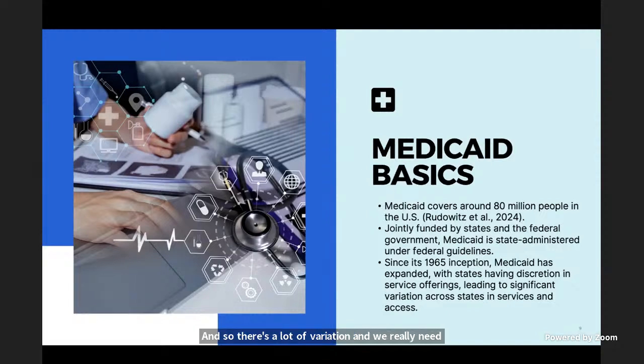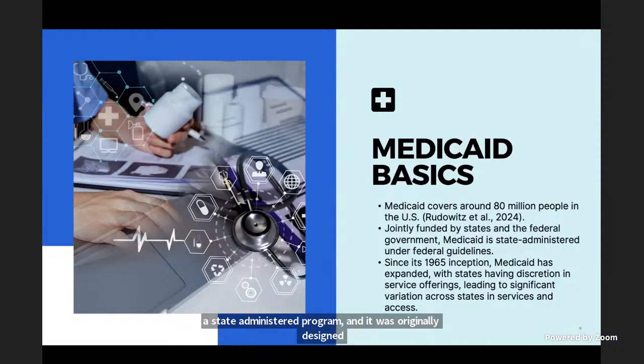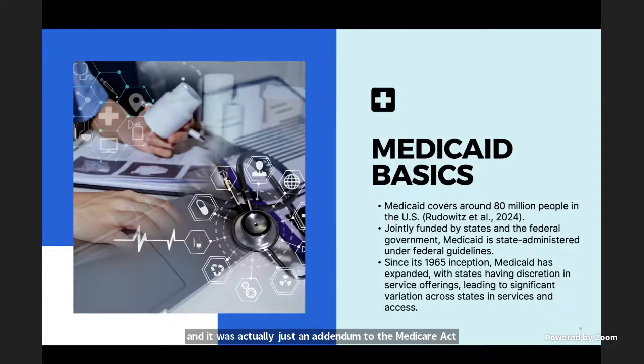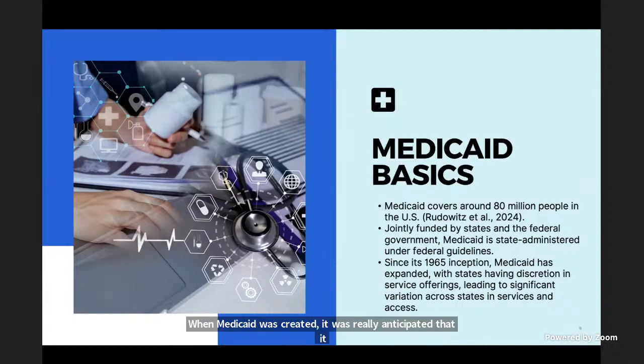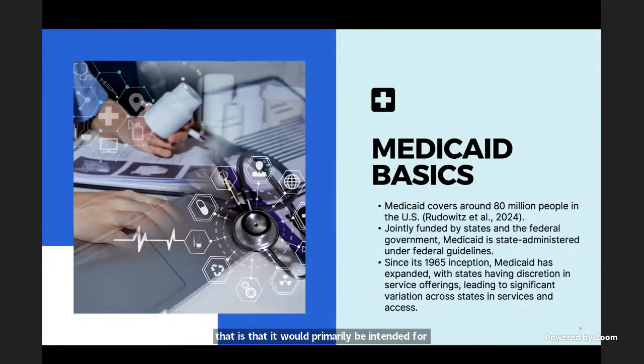Because Medicaid was set up as a state-administered program, and it was originally designed in 1965, and it was actually just an addendum to the Medicare Act, which I think we're all familiar with, Medicare, which is a federal program, uniform across the country with some variation, but basically uniform across the country, when Medicaid was created, it was really anticipated that it would be a state-centric program. And what I mean by that is that it would primarily be intended for folks who were residents of those states who had to satisfy residential or residency requirements to enroll.